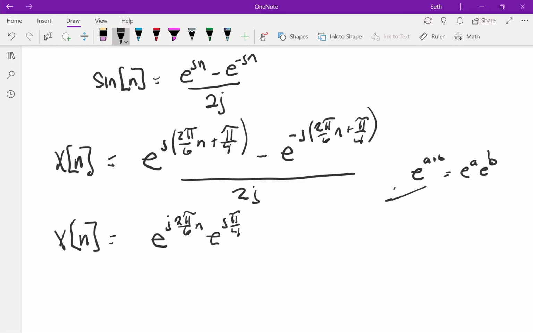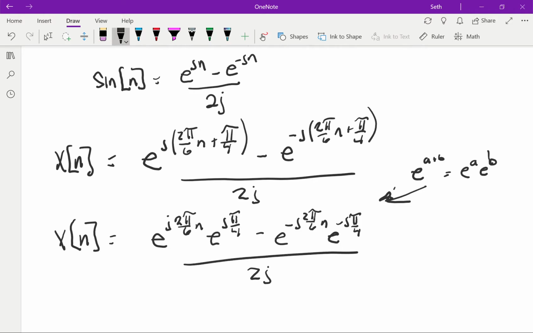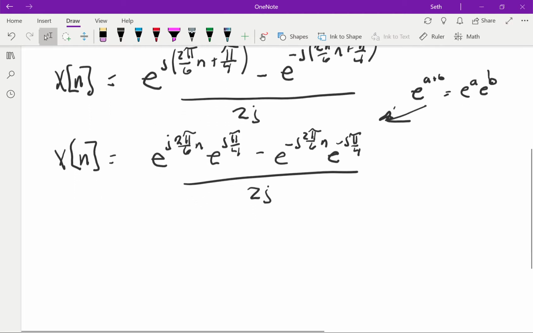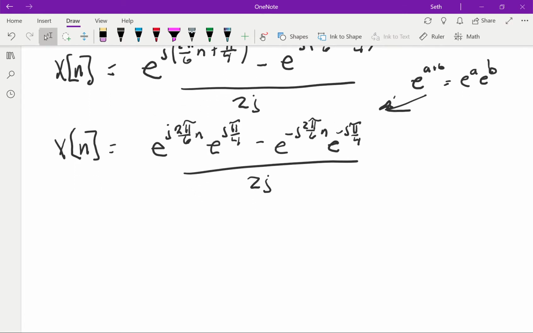That's the property we're using here. Okay, so let's write this a different way.